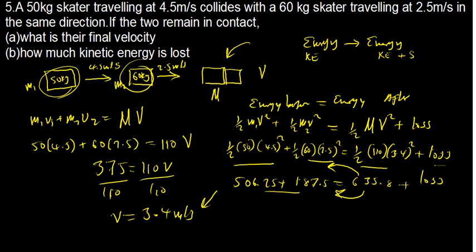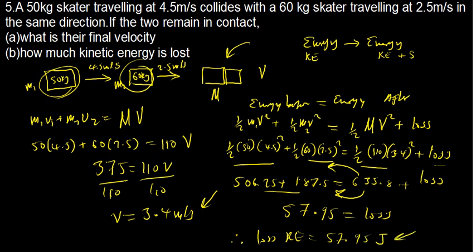What I'm getting this side is 57.95, and that is equal to the loss. Therefore the loss in kinetic energy is equal to 57.95 joules, because we measure energy in joules. Alright, so that will be the answer for that question.